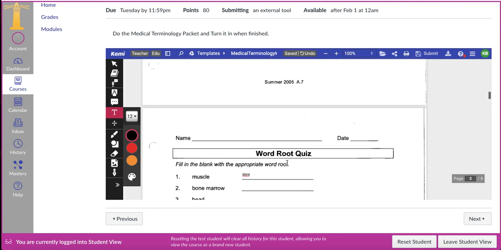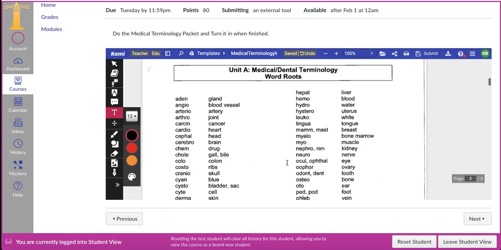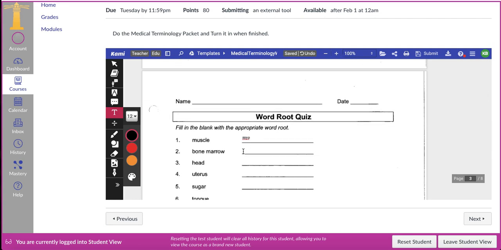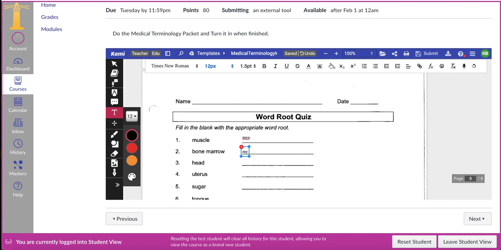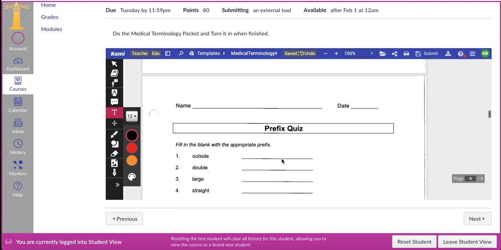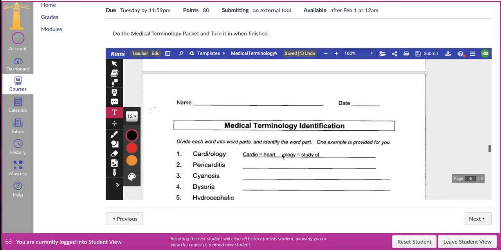Then I would have to look up bone marrow, so I'd come back up to the word roots and look for bone marrow. And look, there it is right there. It's myelo. So then I would add in myelo. Boom. You will continue doing this for the word root quiz and for the prefix quiz.